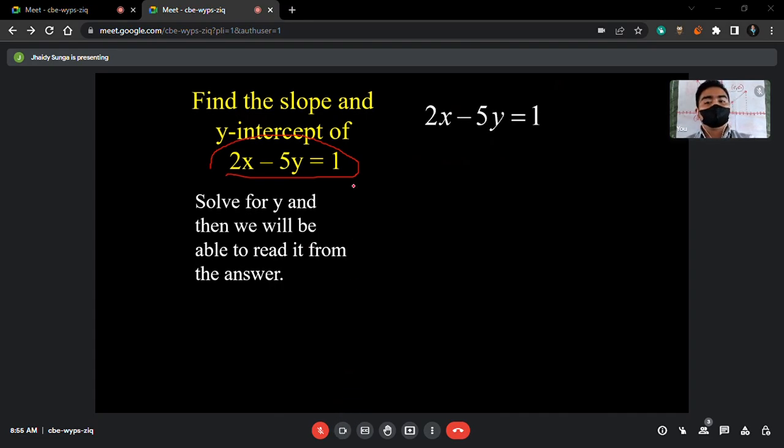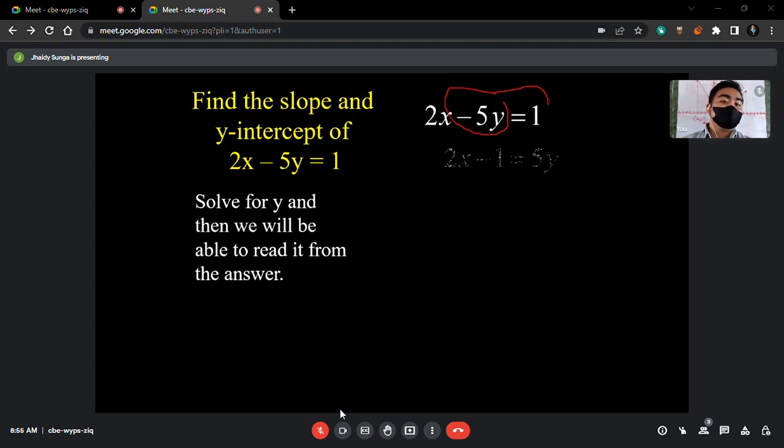Okay? So from 2x minus 5y is equal to 1, what are we going to do with that one? Most of you would transfer everything, so it will become negative 5y is equal to negative 2x plus 1. Then you would multiply by negative 1. For easier computation, just transfer this negative 5y to the other side.